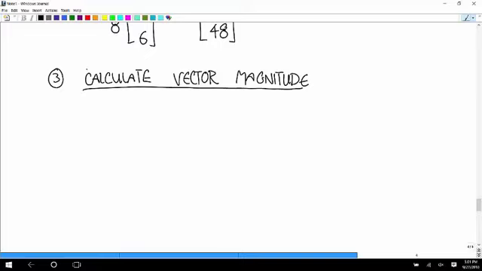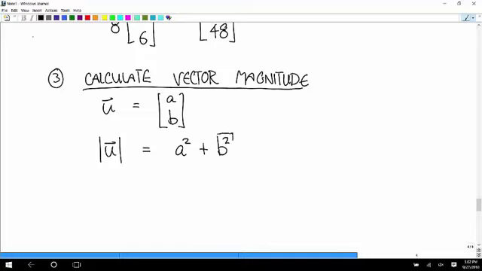So to calculate the vector magnitude, if your vector u has an x component of A and a y component of B, then the magnitude of the vector, which you write as the absolute value, so the absolute value symbol for a vector means the length or the magnitude, is equal to the square root of A squared plus B squared.